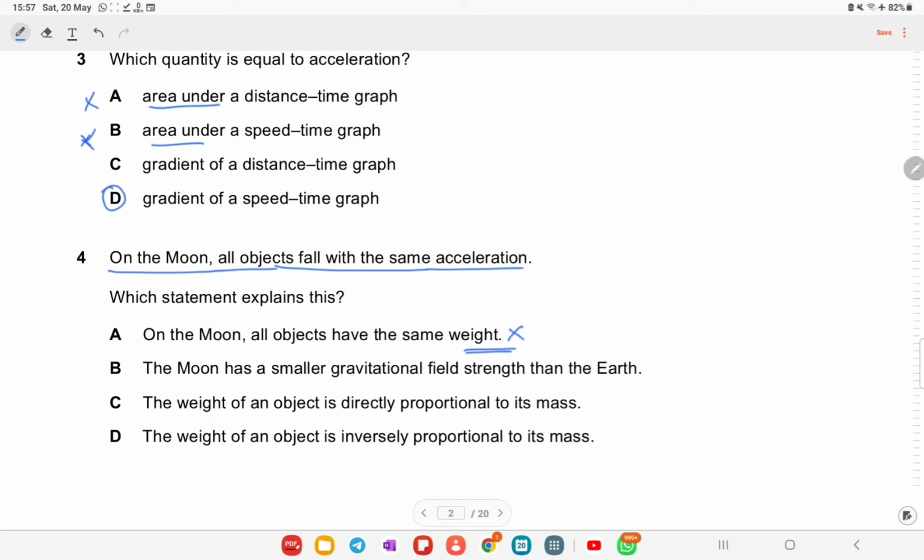The weight of an object is directly proportional to its mass. Yes. The weight of an object is inversely proportional to its mass. Now, when you apply this formula, you can see that weight is directly proportional to mass.